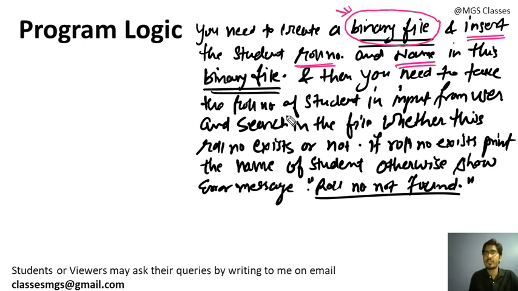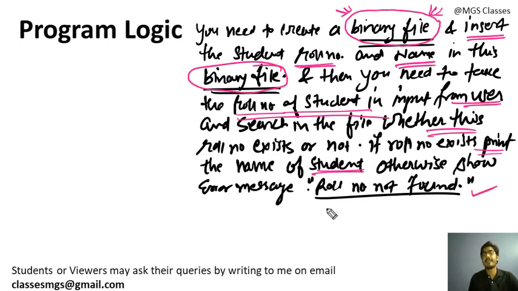Then you need to take the roll number of a student as input from the user, and search for this roll number in the binary file that you have created, and print the name of the student whose roll number it is. If the roll number is not found, then you need to print the error message roll number not found. It looks like a very big problem, but it is a very simple problem. You can solve it very easily.